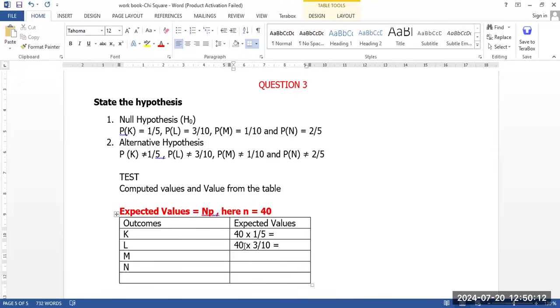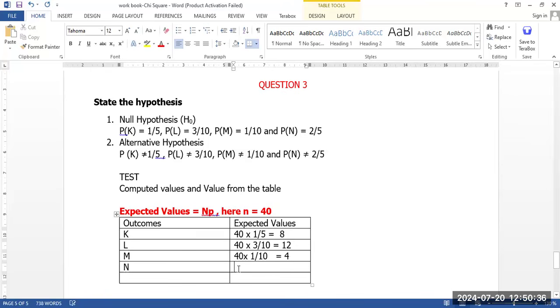The first one is 12, the second one is 8, then the next one is 4, 40 times 1 out of 10, which is 4.